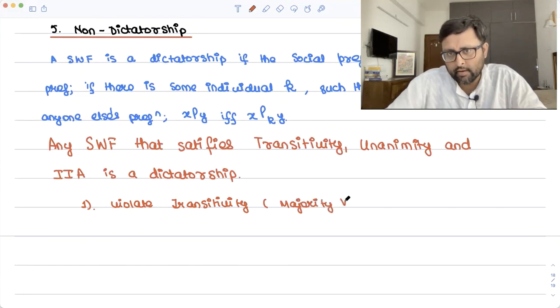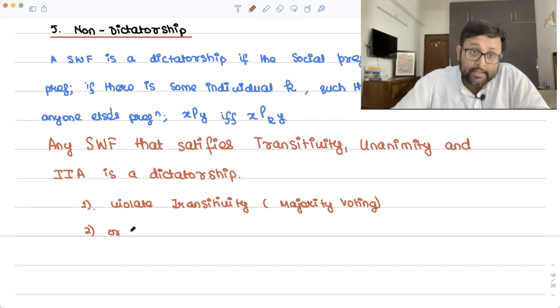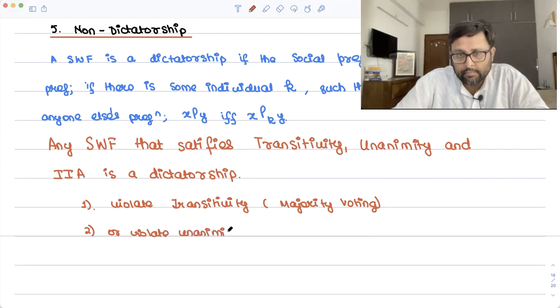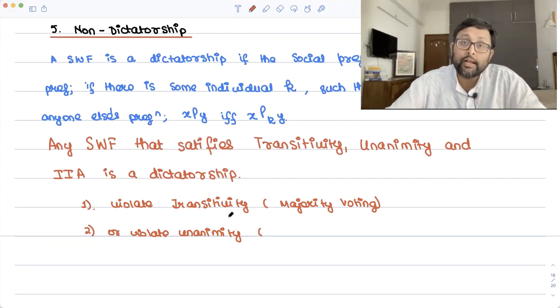Or you can violate unanimity, something like fixed rules. Social preferences are fixed regardless of individual preferences.